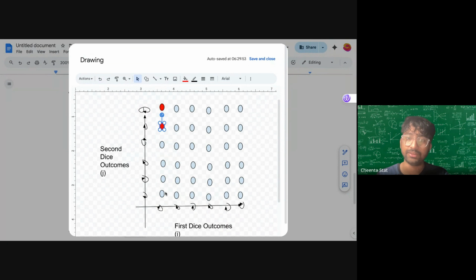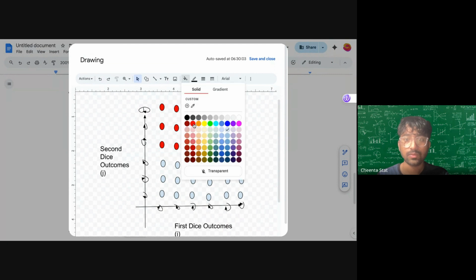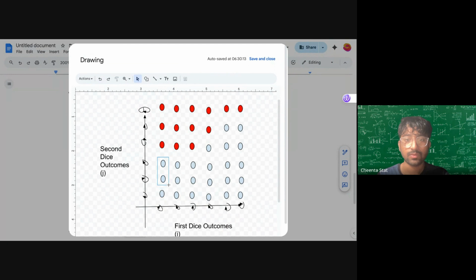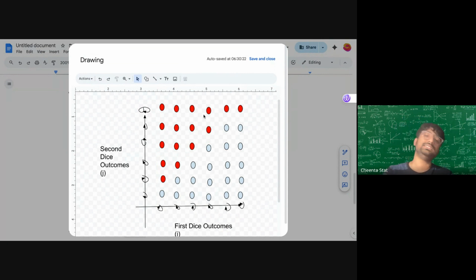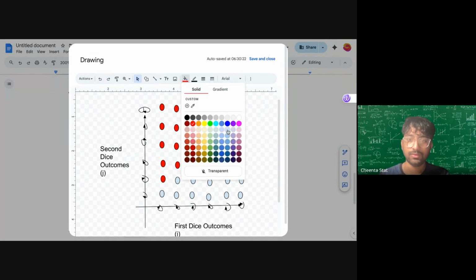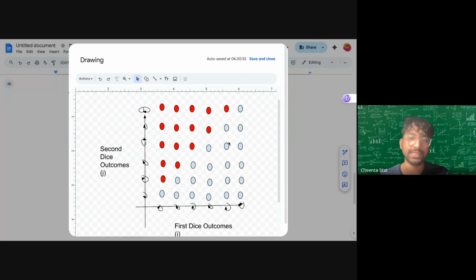So this line is y equal to x. This is i less than j, right? j is greater than i. The y-axis is greater than the x-axis.